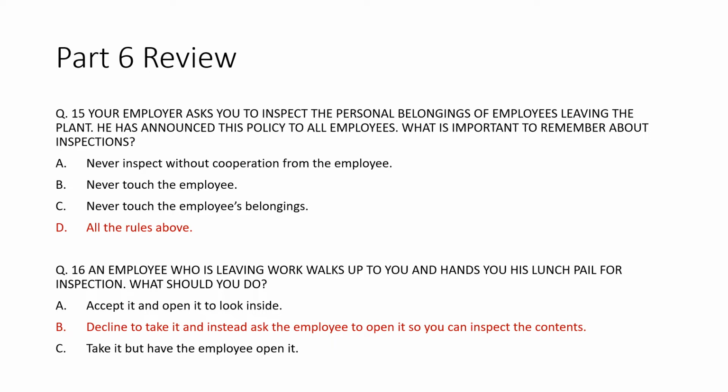Question 15. The answer is D, all the rules above. So you never want to touch a person's belongings, never touch the employee, never inspect without the cooperation of the employee. Keep in mind, even though this is a rule within the facility, they can still refuse, and if they refuse to leave at that point, that's trespassing.